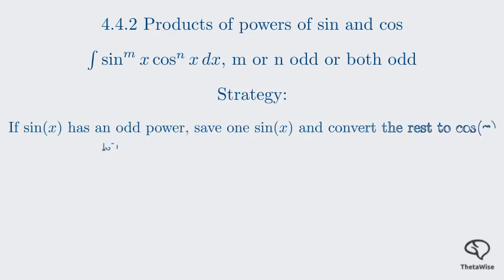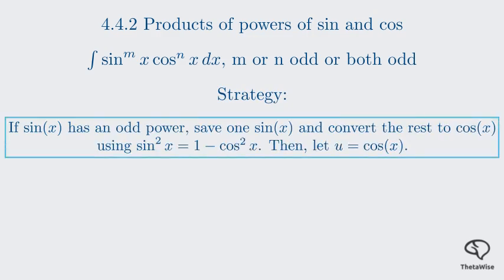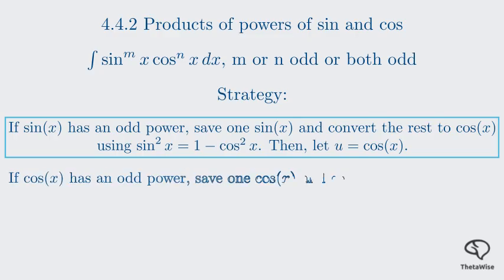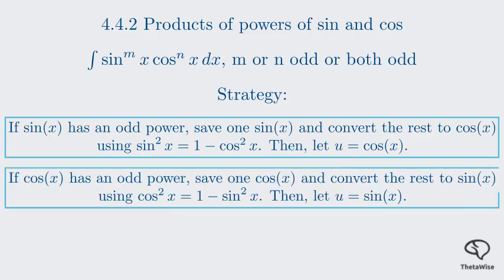Here's the rule. If you have an odd power of sine, you save one factor of sine, rewrite the remaining even number of sine factors as cosine, using sine squared x equals 1 minus cosine squared x, and then use the substitution u equals cosine x. Similarly, if you have an odd power of cosine, you save one factor of cosine.